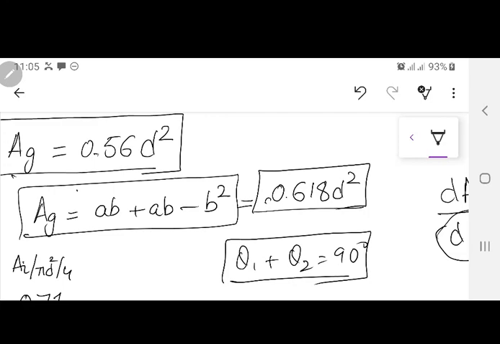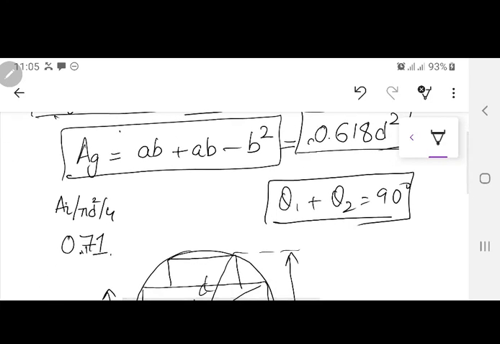Now based on this, you can find your net iron area. The net iron area is equal to Ag multiplied by Ks. In your book they have taken the stacking factor Ks equal to 0.9.